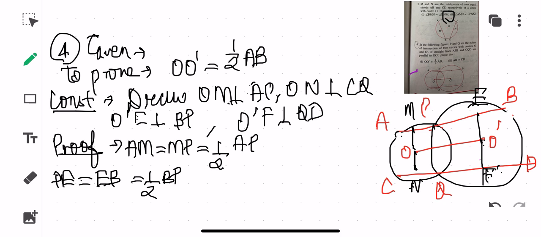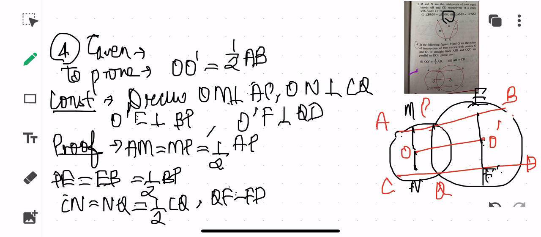Then you can write, children, not ON, this is CN is equal to NQ is equal to half CQ. And then we can write that, not OF again, this is QF is equal to FD is equal to half QD.